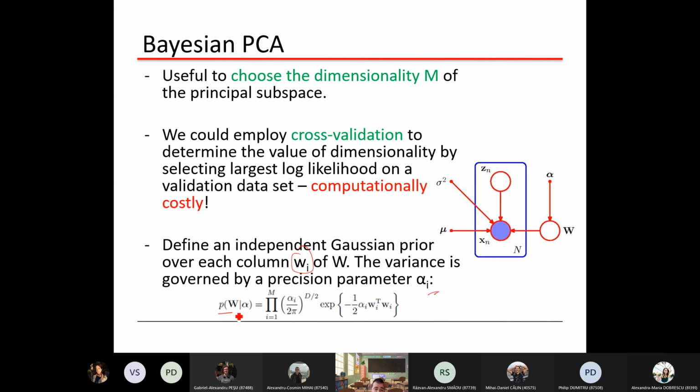So we have the probability of W given alpha that has this form.